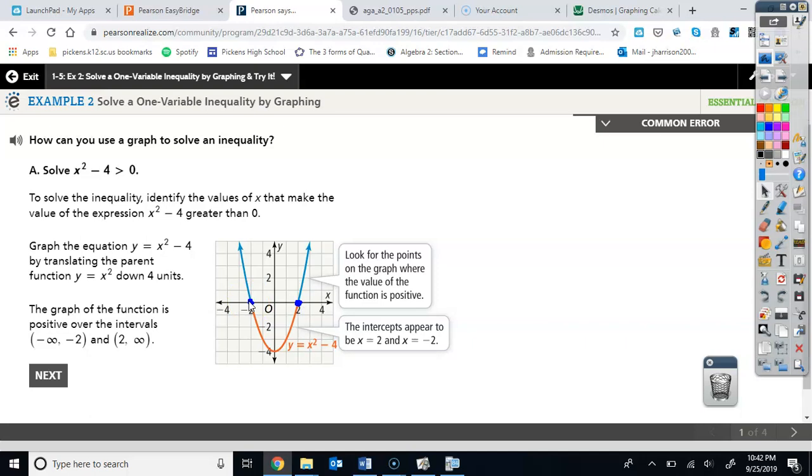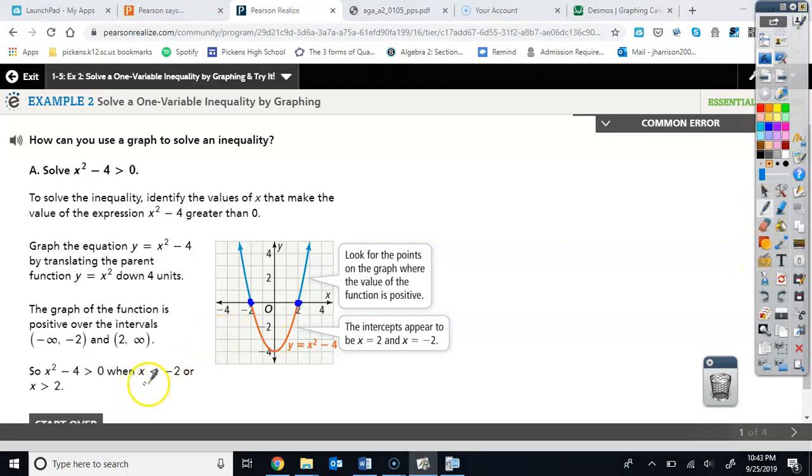Remember, starting this way and coming to here. And then 2 to infinity, starting at 2 and going this way forever. Another way to say it would be our set notation, where x is less than -2 or x is greater than 2, because any number you plug in this way is going to give me a value greater than 0.